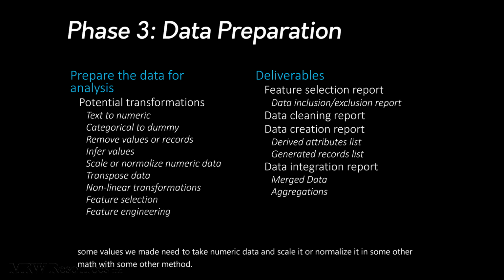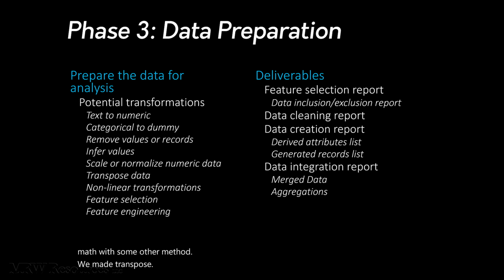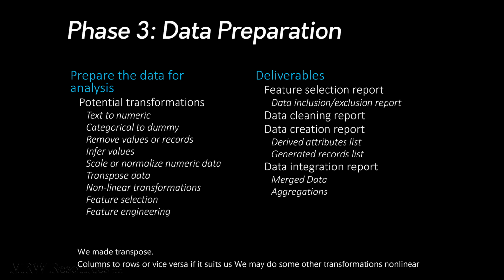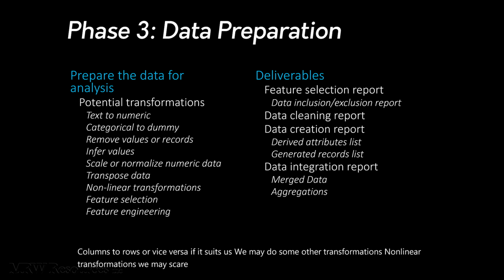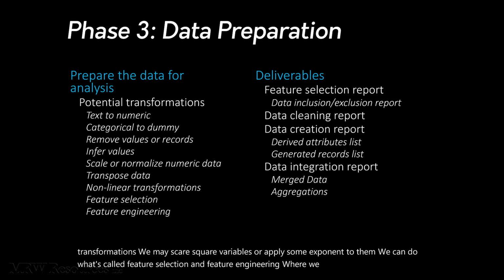We may transpose columns to rows or vice versa if it suits us. We may do some other transformations, nonlinear transformations. We may square variables or apply some exponent to them. We can do what's called feature selection and feature engineering, where we actually build new features that we can evaluate.